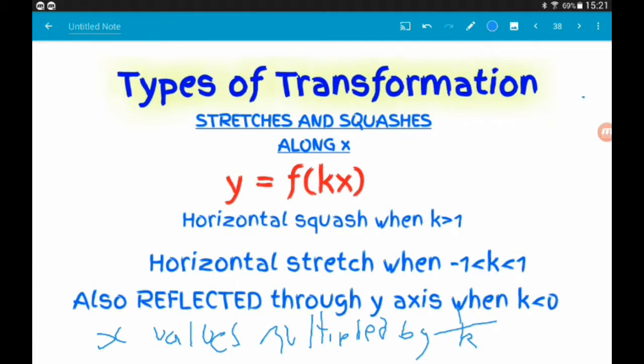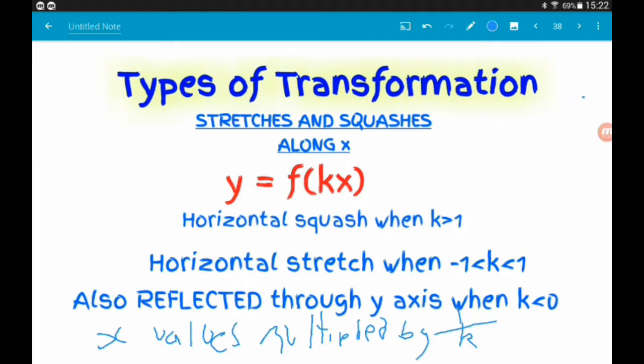Numbers greater than 1 or smaller than -1 actually squash our graph together, whereas fractional and decimal values of k stretch it. So, as I said, those 4 or 5 pages are available down below in the description box as a PDF. So feel free to download and use those.